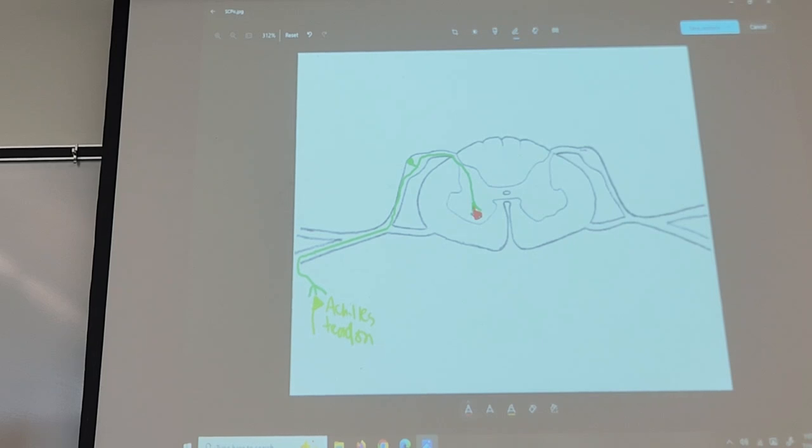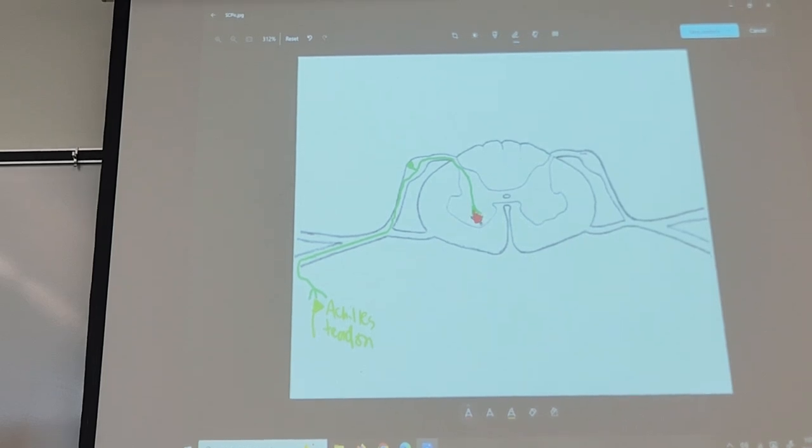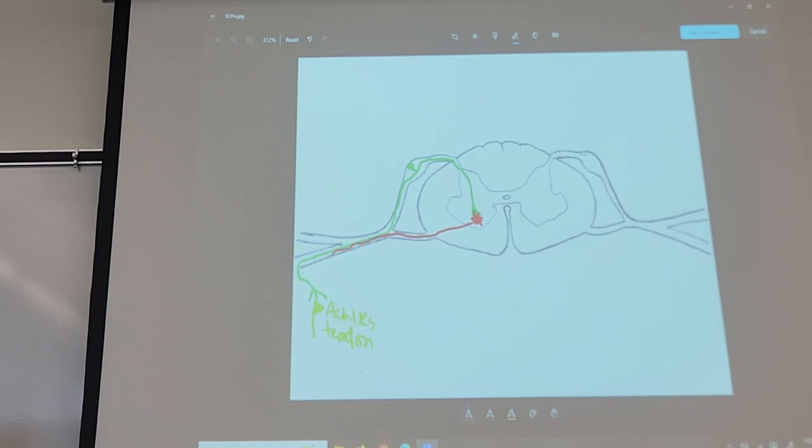I'm gonna start my little multipolar motor neuron, which axon exits out of the spinal cord through what structure? Ventral root. Through the ventral root. And then from the ventral root it enters a what? Spinal nerve. Then it goes into the ventral ramus, right?